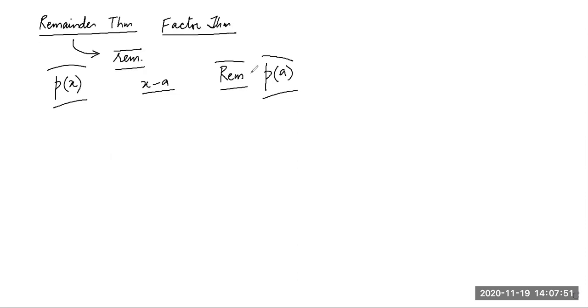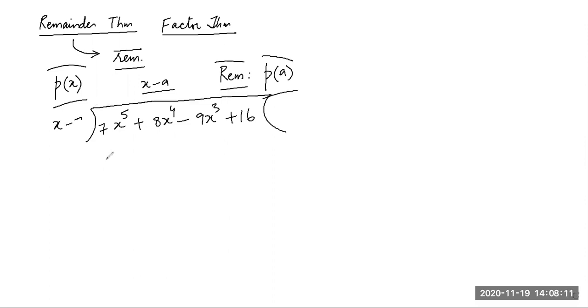Now, what's great in this? Suppose, students, we have a polynomial, let's say 7x raised to power 5 plus 8x raised to power 4 minus 9x cubed plus 16, a polynomial of degree 5. Let's say we want to divide it by x minus 7. In order to find the remainder, we would have to do long division. But the remainder theorem will directly help you get the remainder.